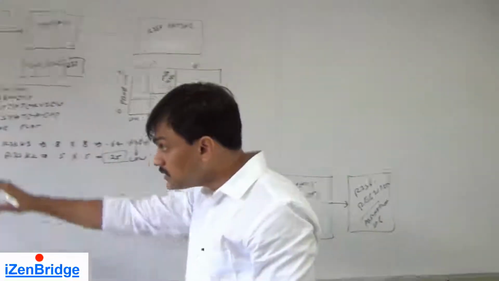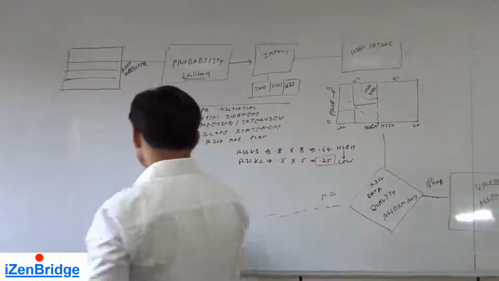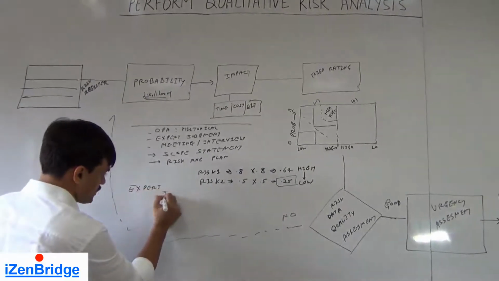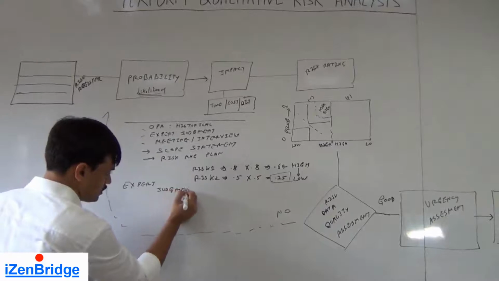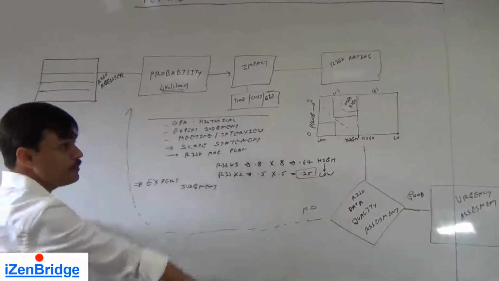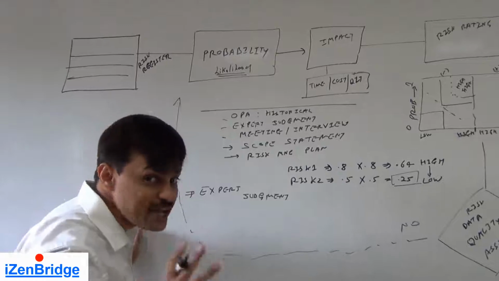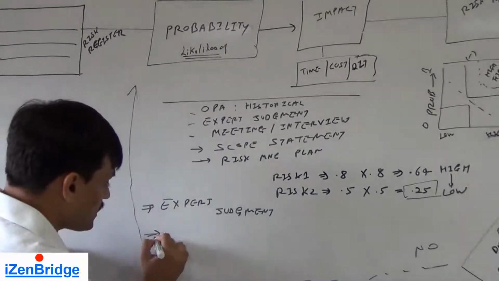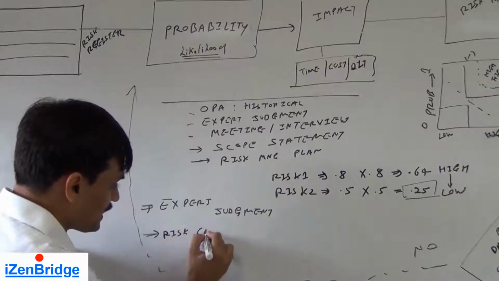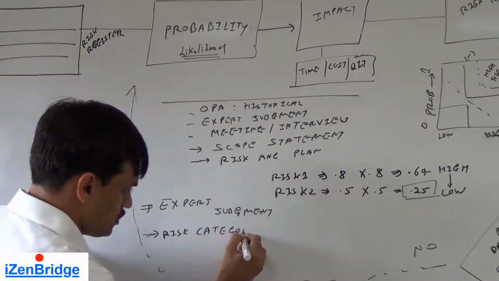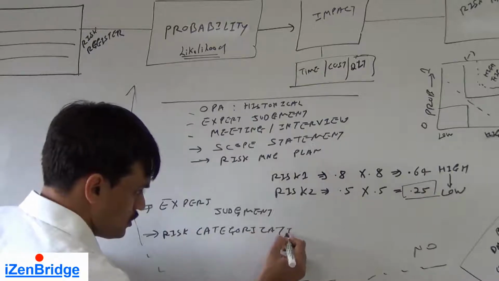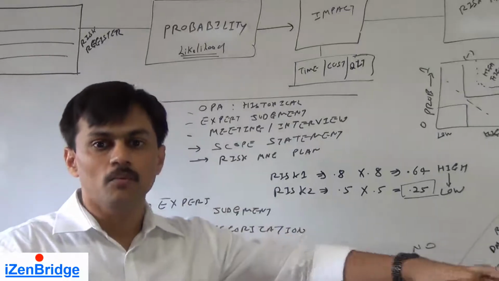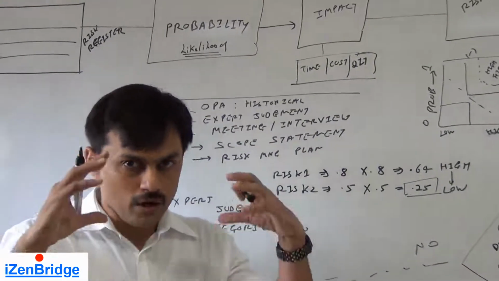Now while doing all this, we always use expert judgment. And while performing these analyses, we also try to categorize the risk register. So we do risk categorization, so that the final outcome, the risk register, can give us more informative information.